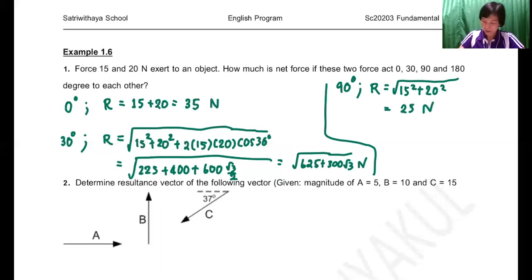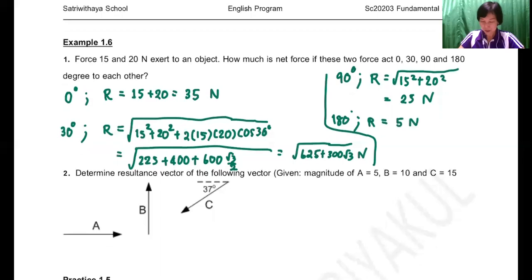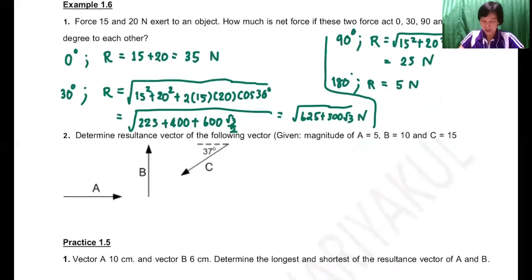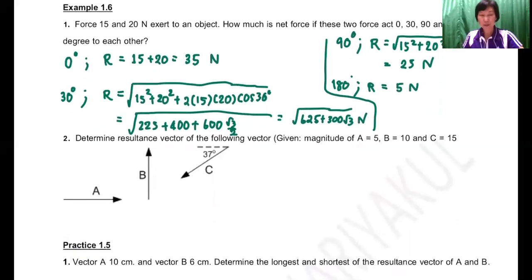Last one: if the angle between them is 180, we just subtract one from the other, so it should be 20 minus 15, or 5 Newton. It must point in the same direction as the 20 Newton, but we don't know which direction between them.